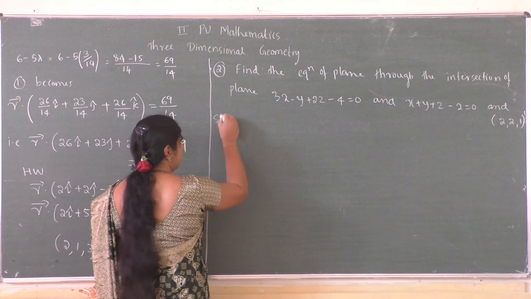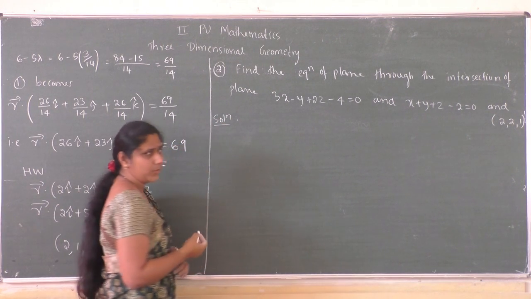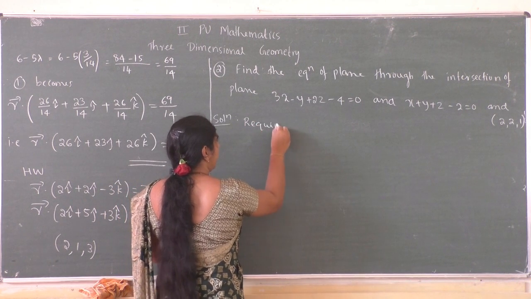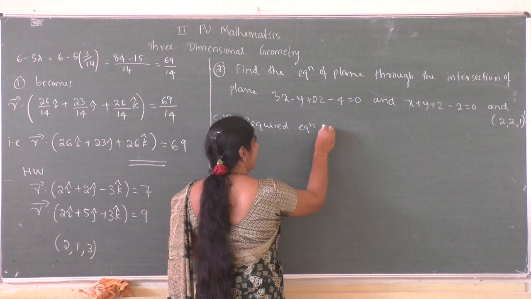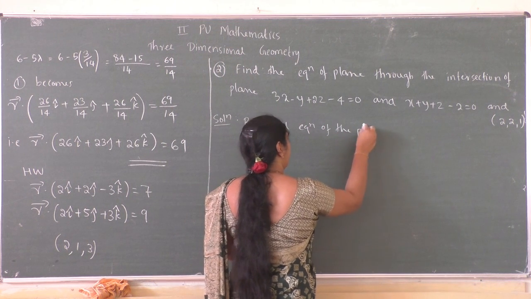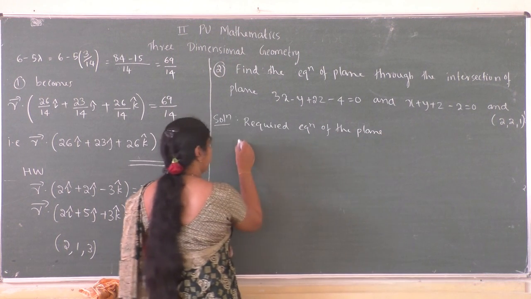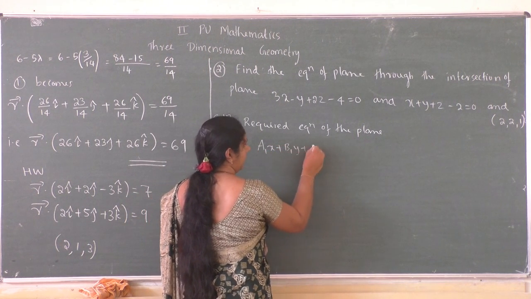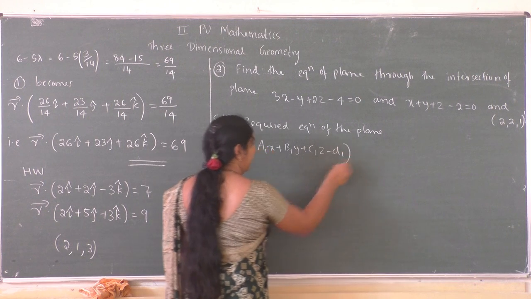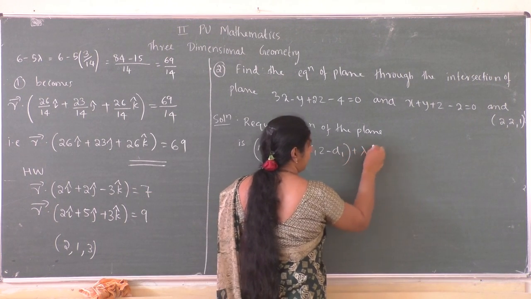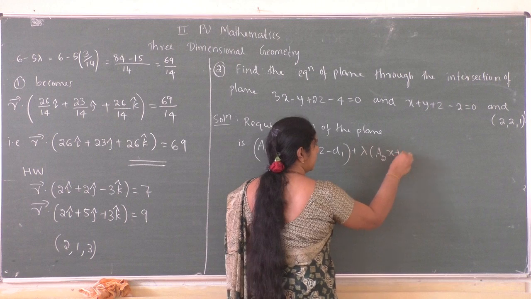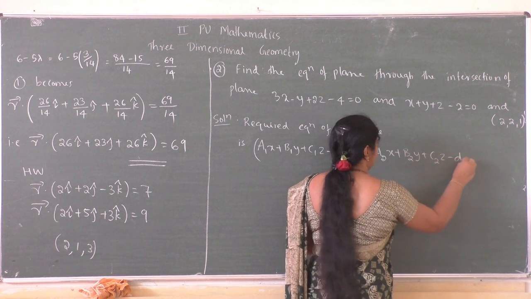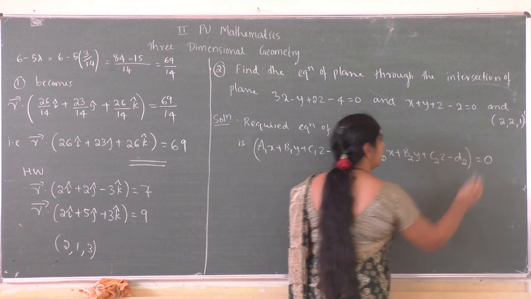So similar method. So what is the required equation of the plane? What is the formula? a1x plus b1y plus c1z minus d1 plus lambda times a2x plus b2y plus c2z minus d2 equal to 0.